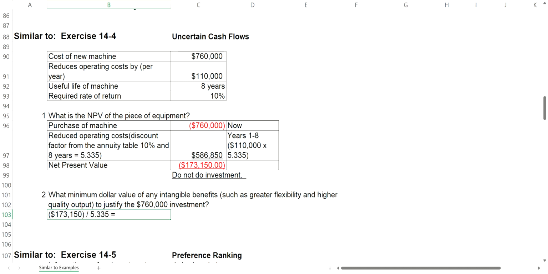Okay, and when you divide that out, you come out with $32,455. So you have to decide, is that better quality worth the additional $32,455 or not? Thank you very much.